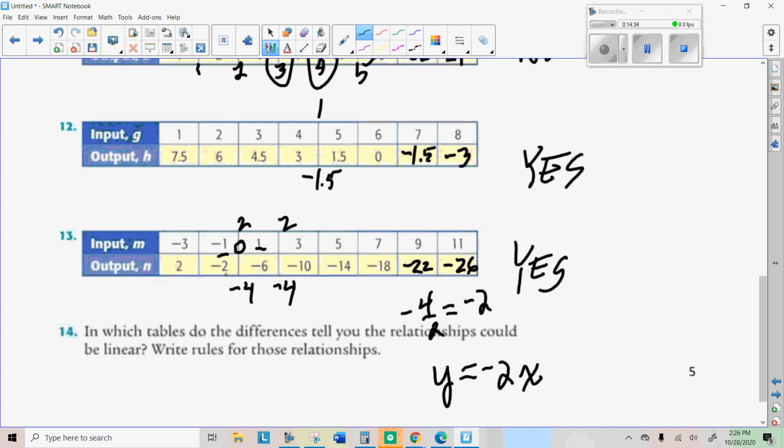So it's the number halfway between these two, which is negative 4. That'd be one way to get it. The other way is just take a value, like maybe 5 times negative 2, because that's what we're doing here. And 5 times negative 2 is negative 10. You would have to subtract 4 to make it equal the output, which is negative 14.